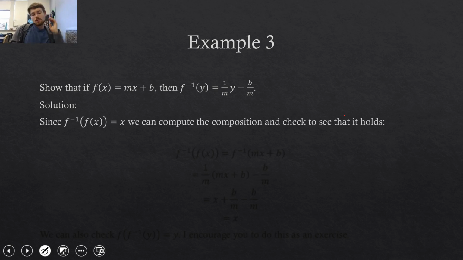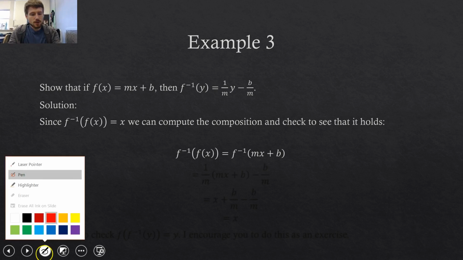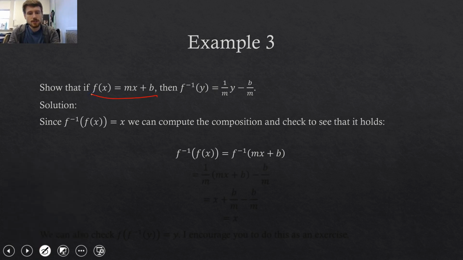Okay, so we know that the function composed with its inverse gets you what you started with, so we're going to compute this composition and see that that holds, because if it is true, then that is the inverse function. So if we do f inverse of f of x, then we're going to do f inverse of mx plus b. So here's my function f of x equal to mx plus b. So I'm going to replace f of x with what it is equal to, mx plus b.